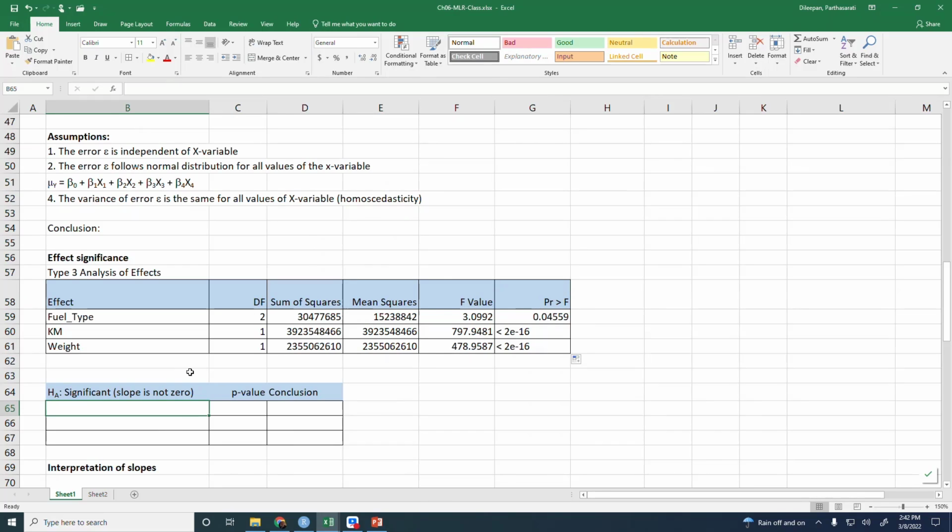So these are the 3 predictors, right? And the p-values are these. So the conclusion is significant. That's what you would say. Those variables are significant.